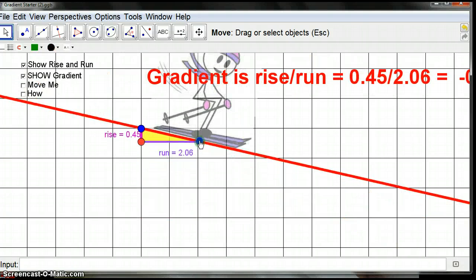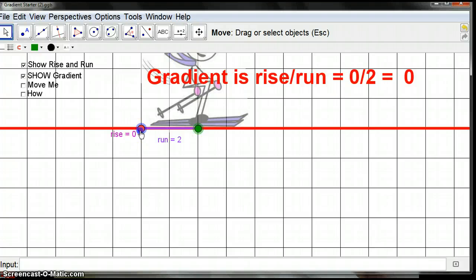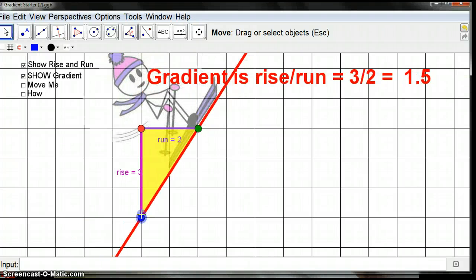If I changed it to this way, where I had a rise of 3 and a run of 2, it's positive 1.5, because if I went across 1, I'd go up 1.5.